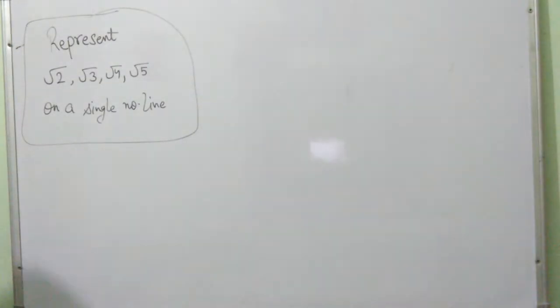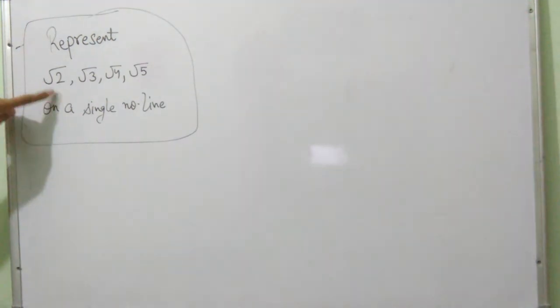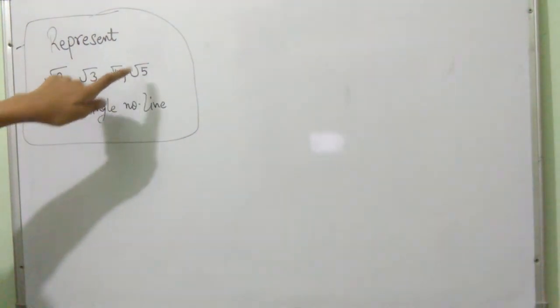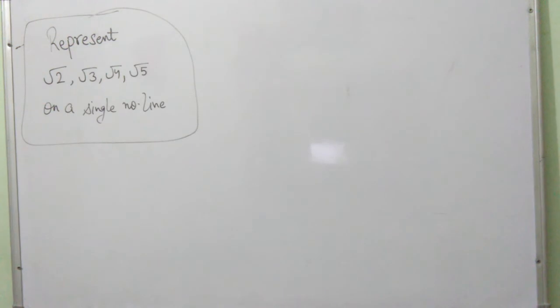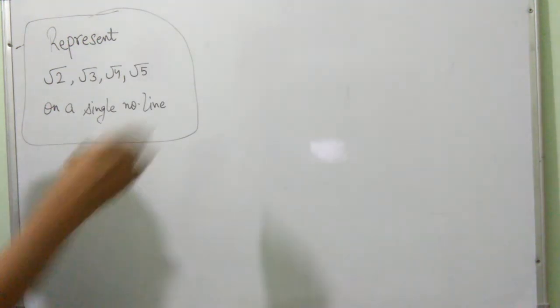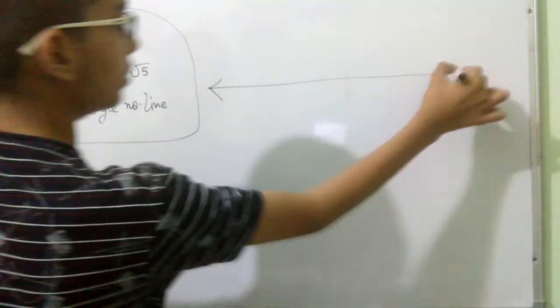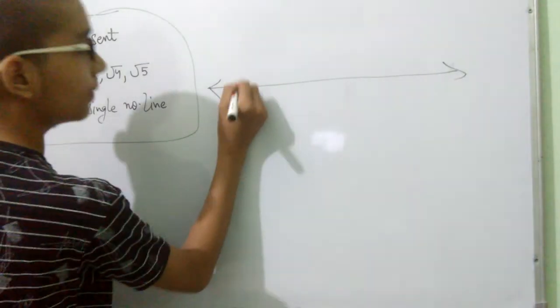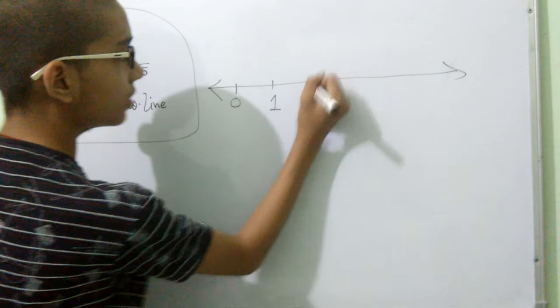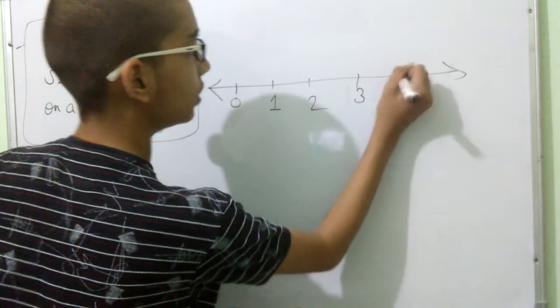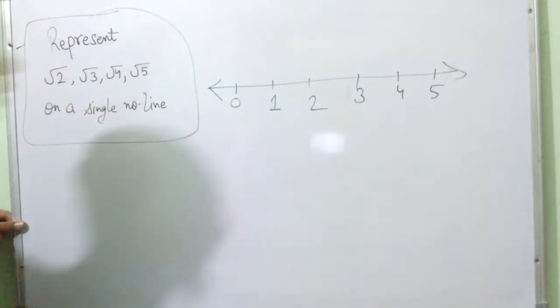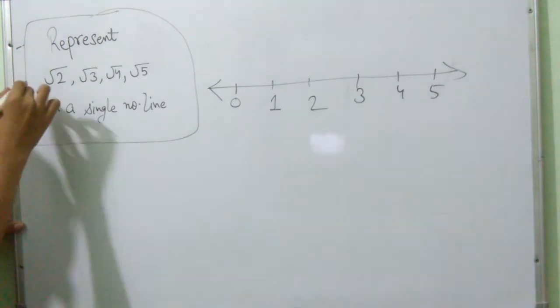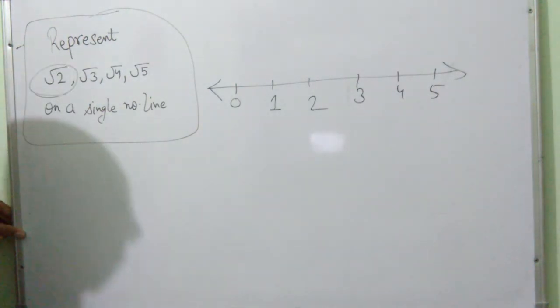Yes, students, see the question. Represent root 2, root 3, root 4 and root 5 on a single number line. So in such type of question, what we have to do is firstly make a number line 0, 1, 2, 3, 4, 5. We know how to make root 2.